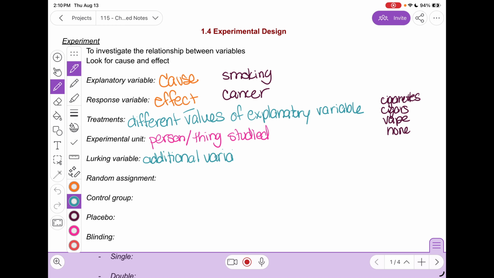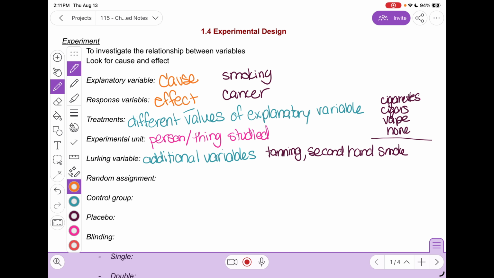So if we're talking about cancer, that could be like tanning, secondhand smoke, health, cancer history, all of those other pieces that may contribute to that cancer outside of the actual experiment.